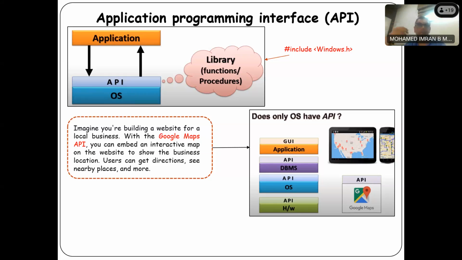So basically, the Grab application uses the Google Maps API to display that particular map. So an API is more of a web protocol that allows you to use whatever functions are available by that particular software.